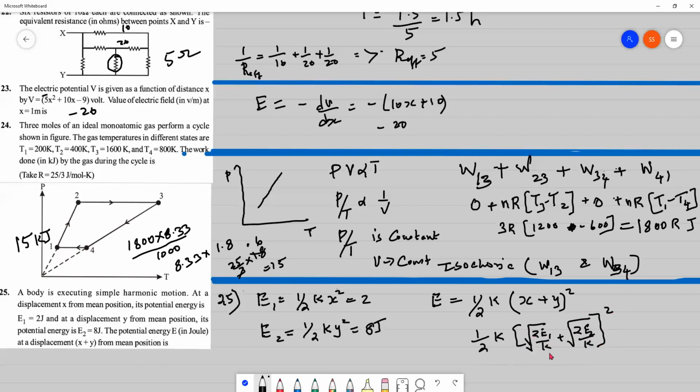Since this is squared, you can take 2 by k common outside. When you take 2 by k common outside, this gets cancelled. So this will become root of E1 plus root of E2 the whole square. So root of E1 is root 2 plus root 8, the whole square.